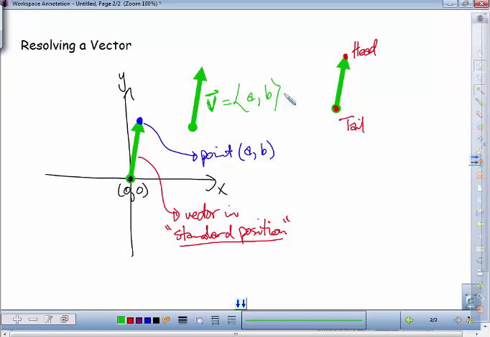I've always been kind of lenient on the idea that vectors can be written as a point. So a lot of times I use parentheses for vectors, but it's also sometimes good to denote vectors with a different sort of bracket. We'll use these brackets to denote them.